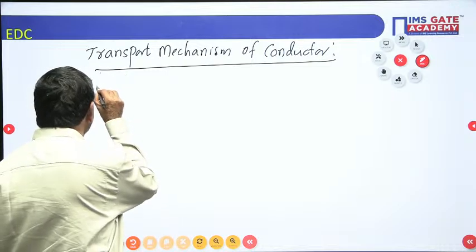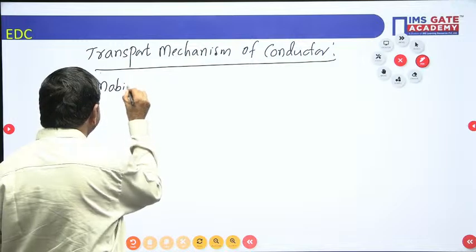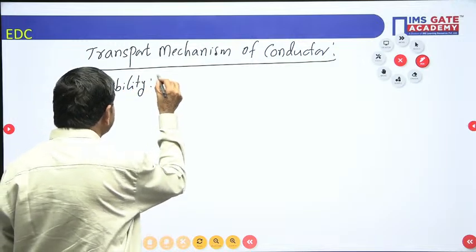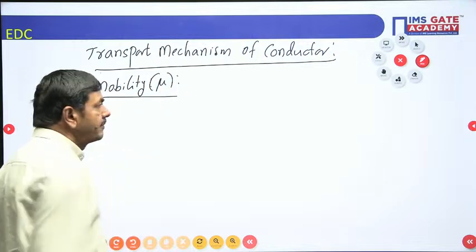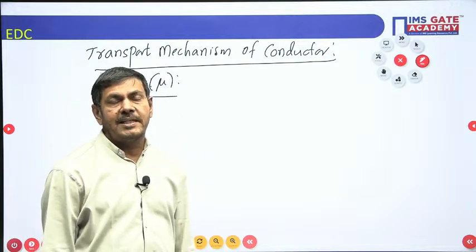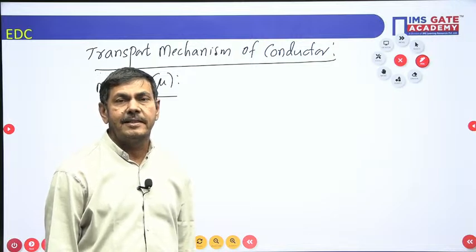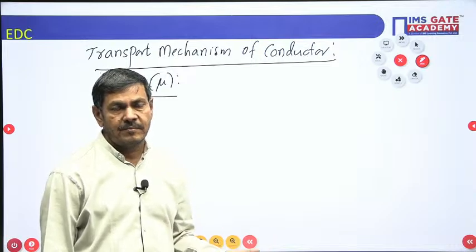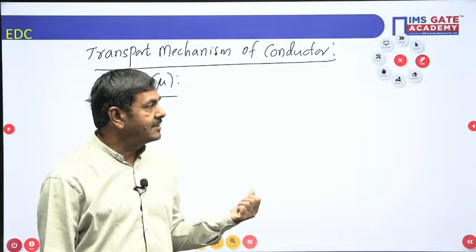Mobility. The first parameter required is the mobility, denoted by the symbol mu. In a conductor, you can find only electrons in the material. Whenever you give the supply voltage, flow of electrons is possible, and the mobility of electrons causes current in the material.